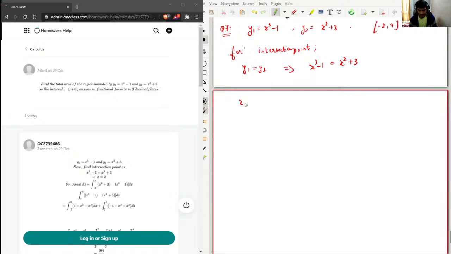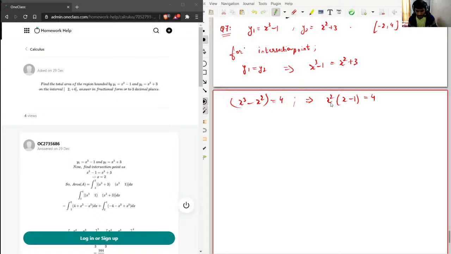If I take x square to this side, and this one will come here, it will be 4. I can take x square common from here. So if I take x square, then this will be x minus 1 equals 4.